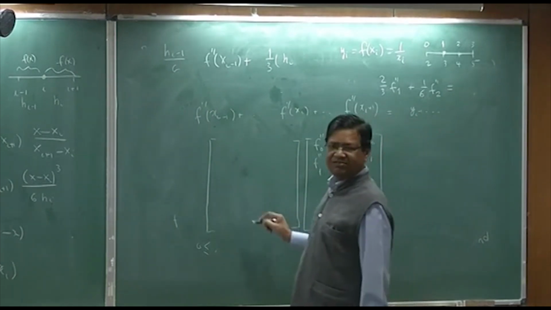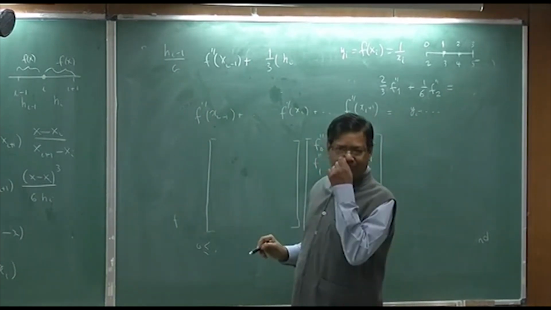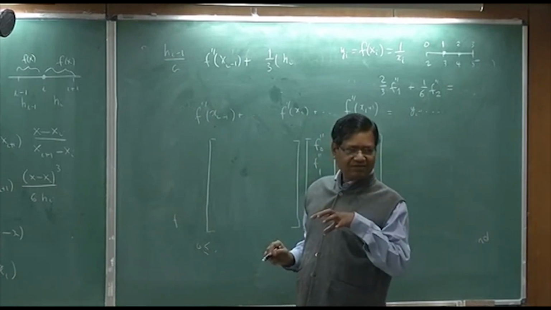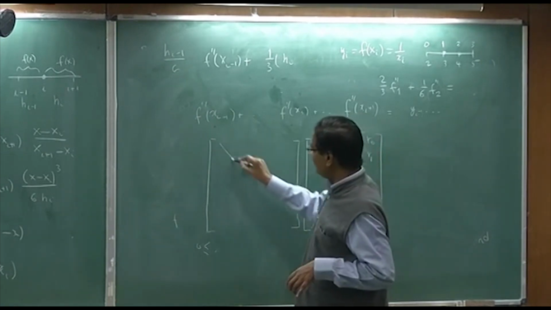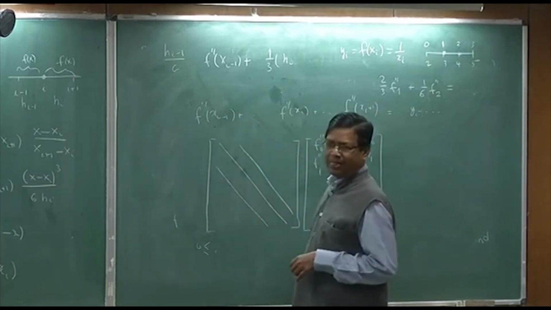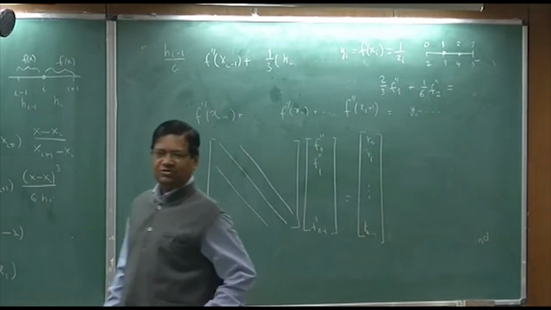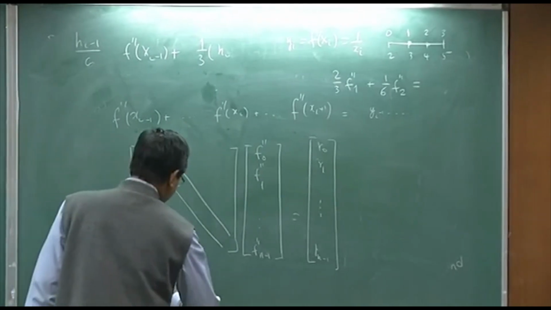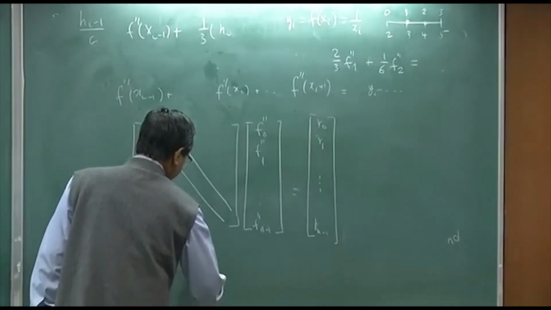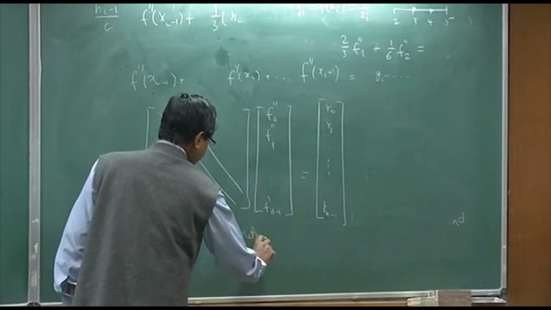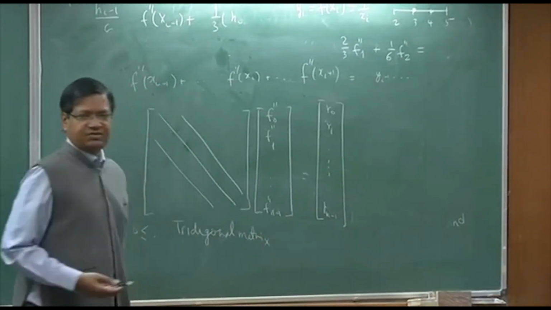How will the matrix look like? This part? 3 entries. So this is called a tridiagonal matrix. Elements here, elements here. Okay. So we can write this equation in terms of a matrix. So this is a tridiagonal matrix, and we can solve it.